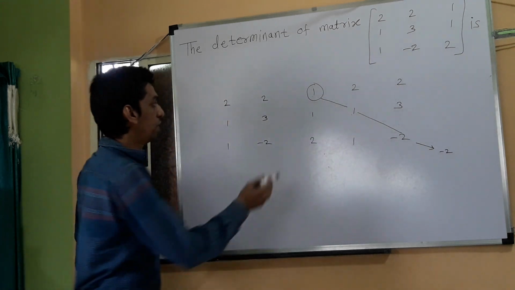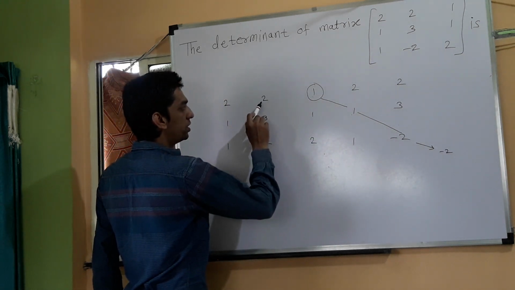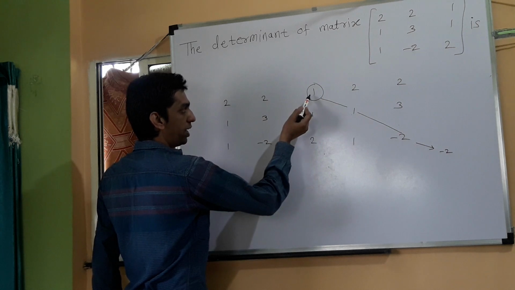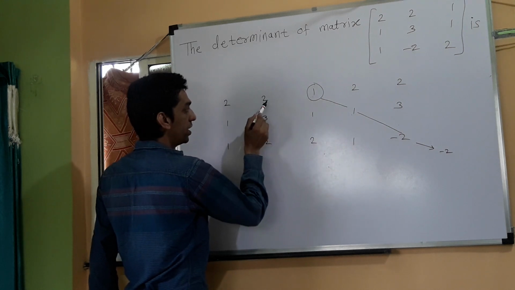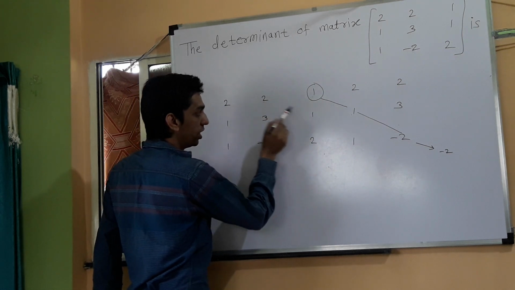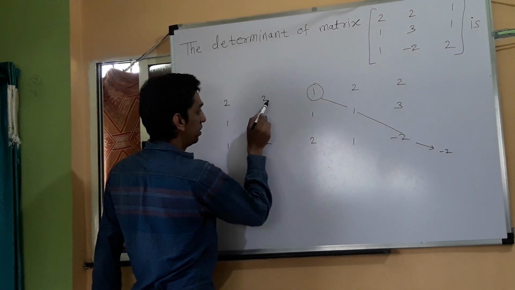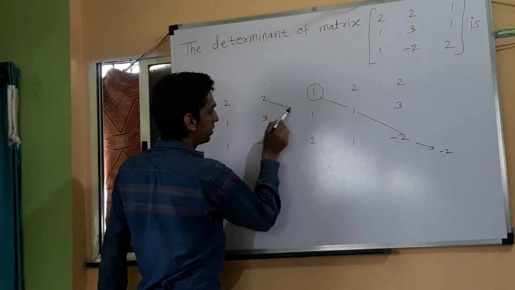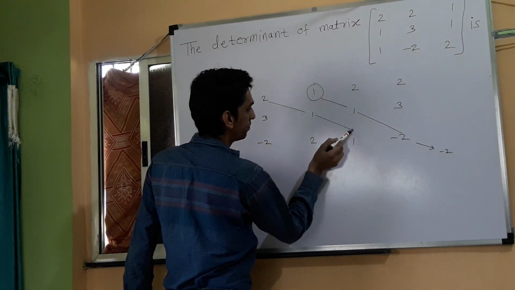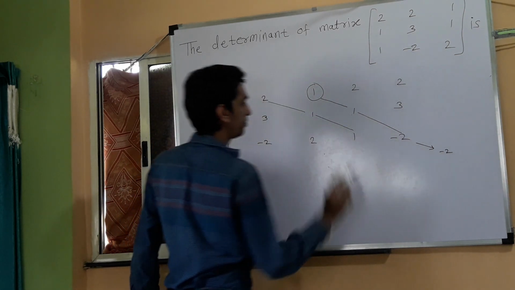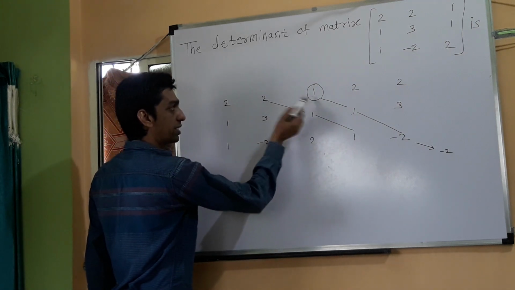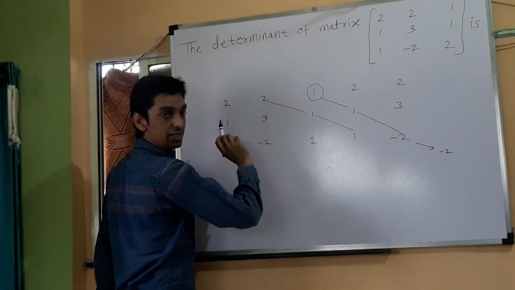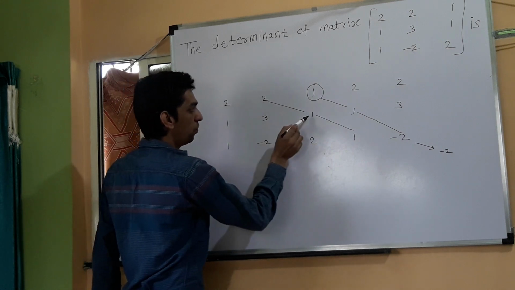In the next step, go to the number to the left of this center element. From this element we again mark the diagonal to the right-hand side. So it will be like this. I have marked the diagonal from the element to the left of the center, that is 2 2 1 1.